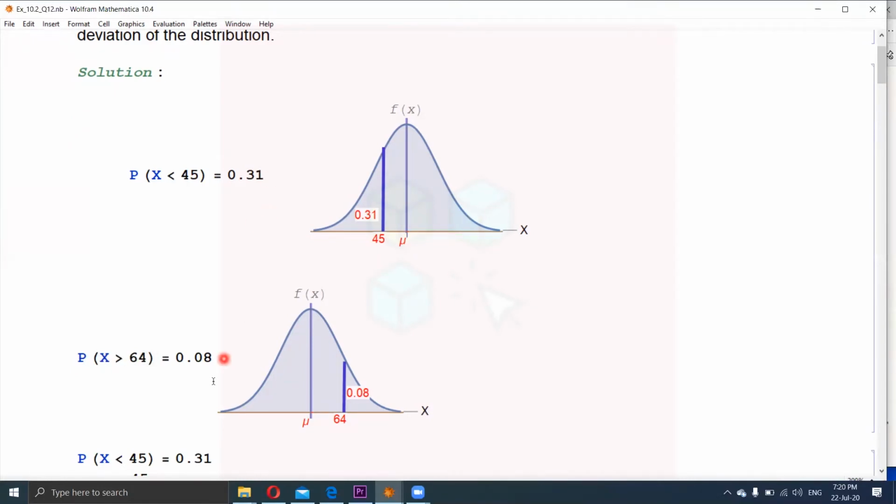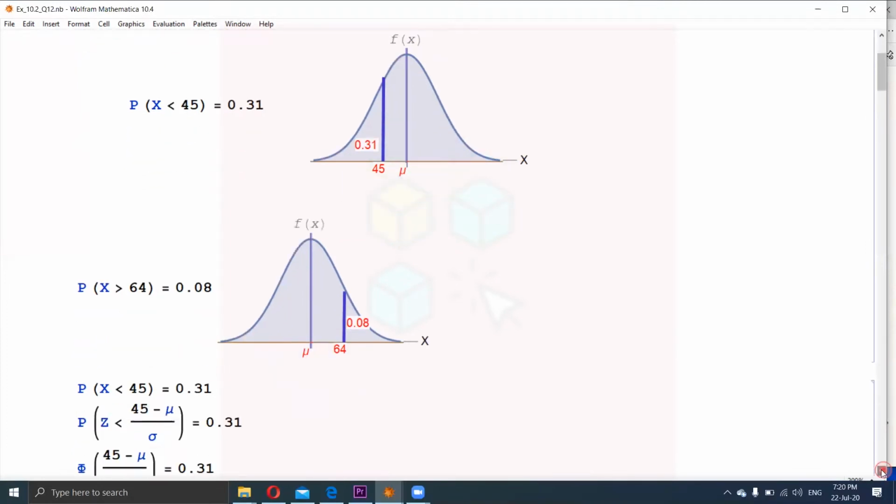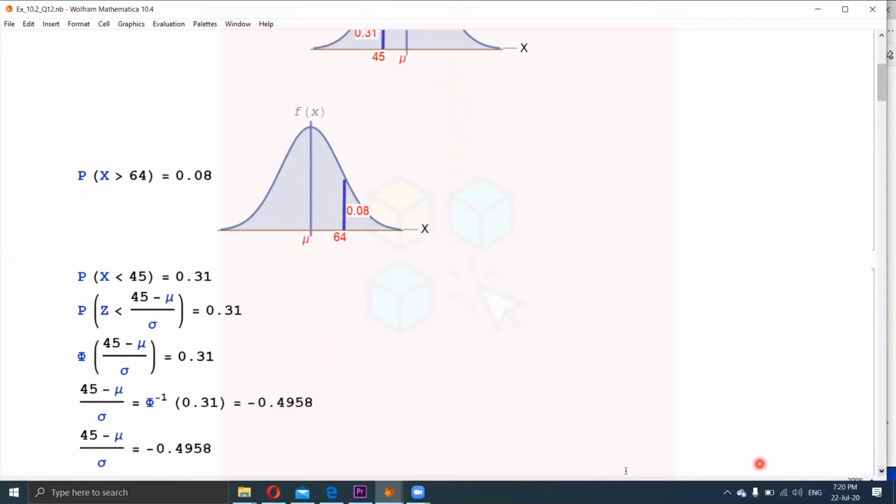We have two equations and we are going to find two unknown parameters, mu and sigma. So we can solve these two equations simultaneously to obtain the unknown values of the parameters. First, we consider probability x less than 45 is equal to 0.31.